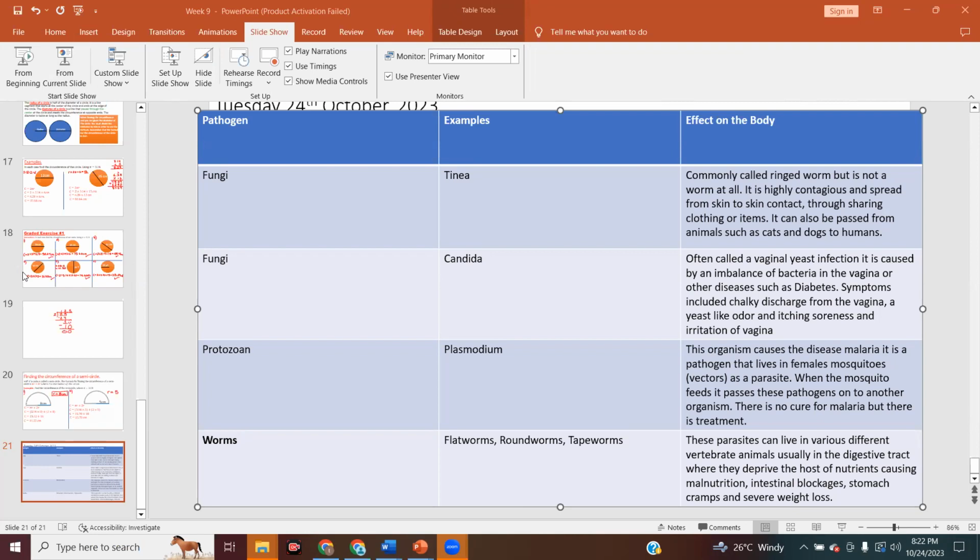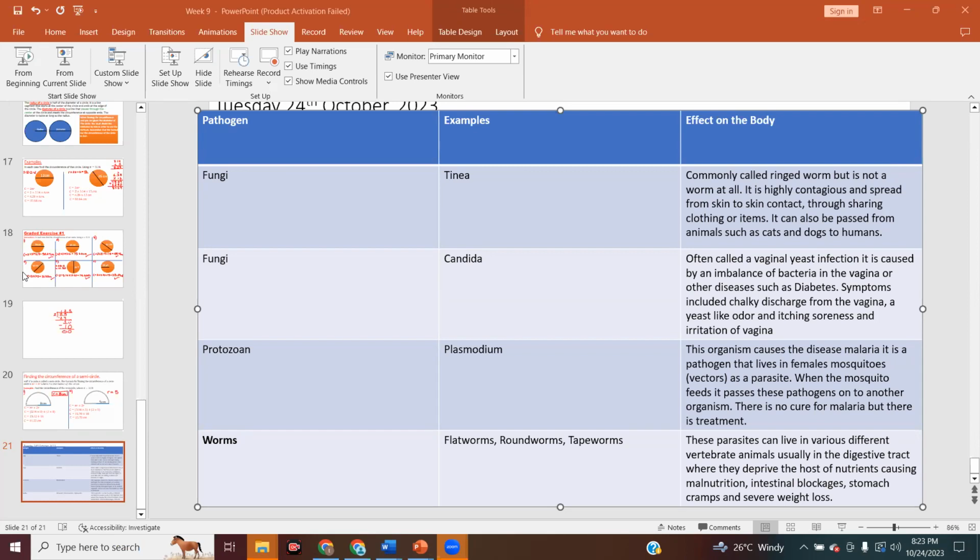Waterfall. Where's Waterfall? What pathogen causes malaria? Protozoan? Yes, sir.